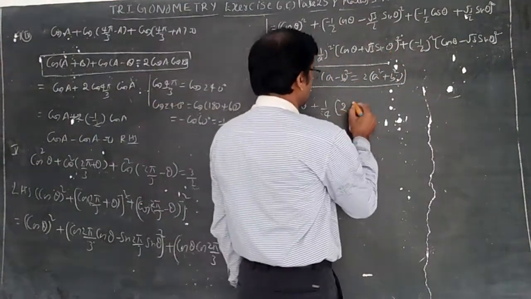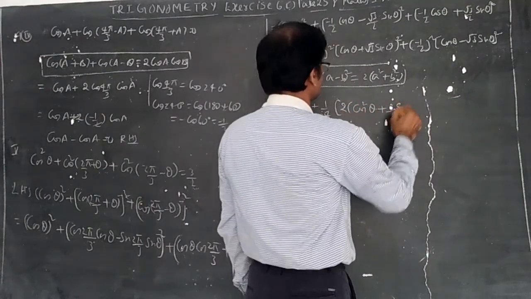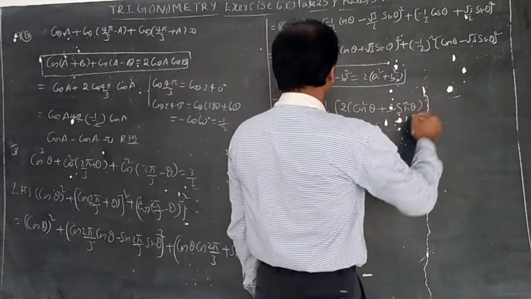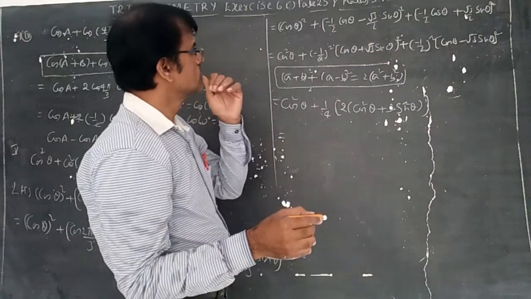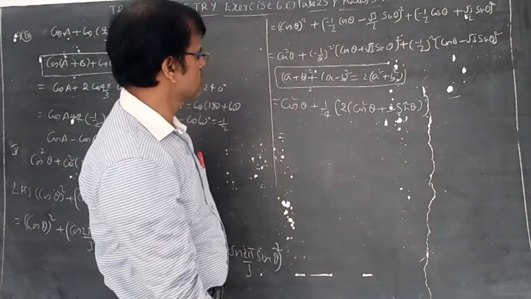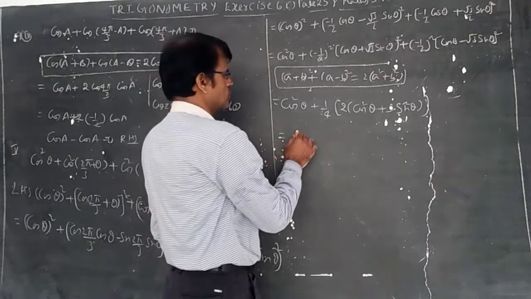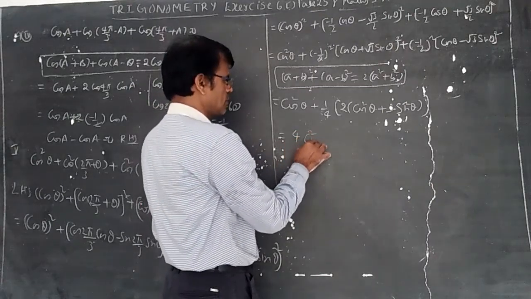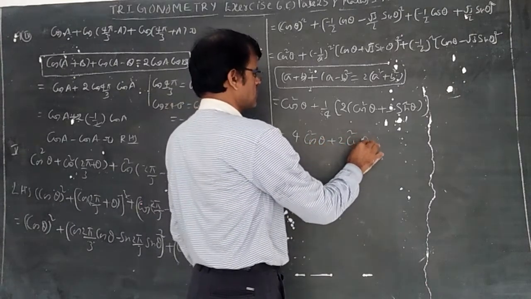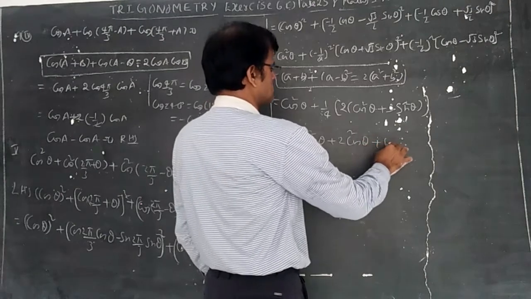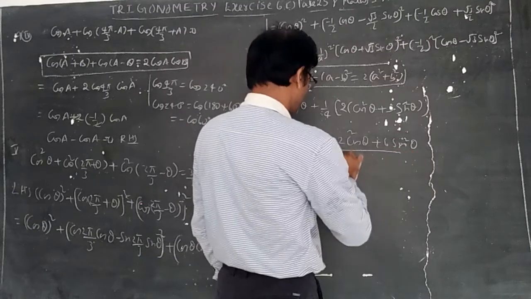Now using the formula 2 into a square plus b square, so 2 into cos square theta plus 3 sin square theta. So now take LCM here. This is 4 cos square theta plus 2 cos square theta plus 2 threes are 6 sin square theta, whole by 4.